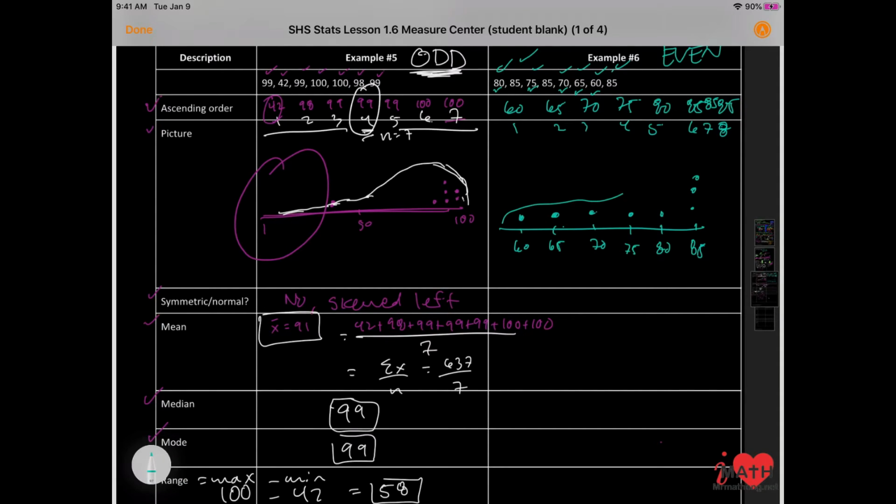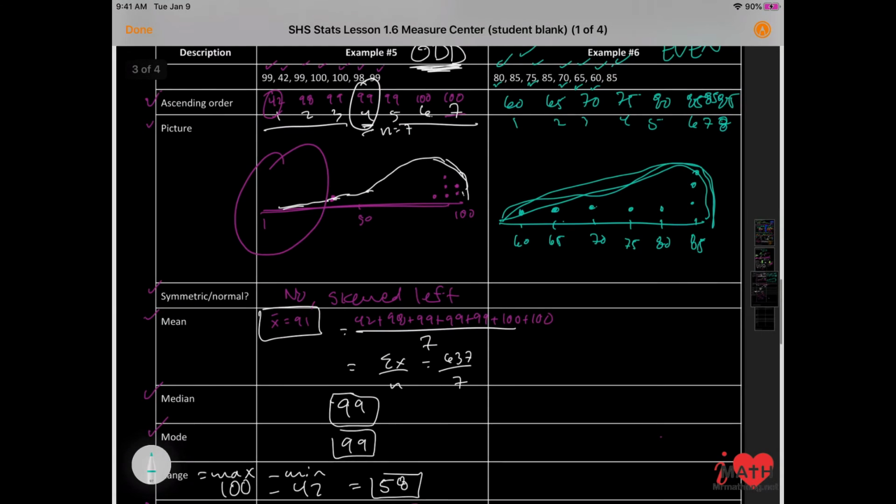Then you draw your graph, and you have a lot more of your data over there, right? So question, is it normal? No, it's not. Same thing, skewed left.